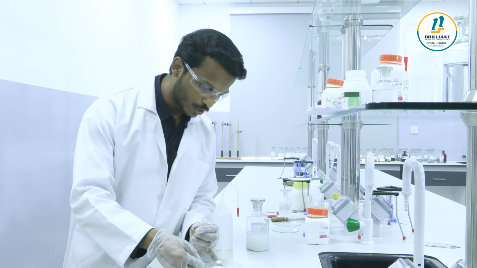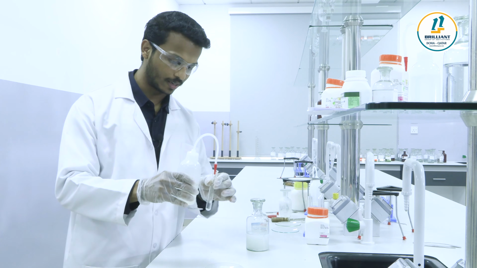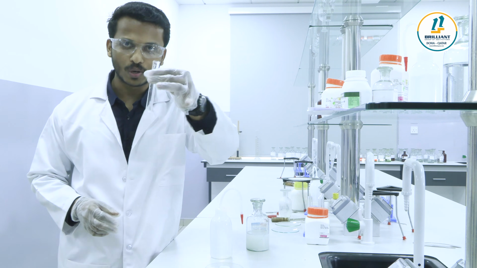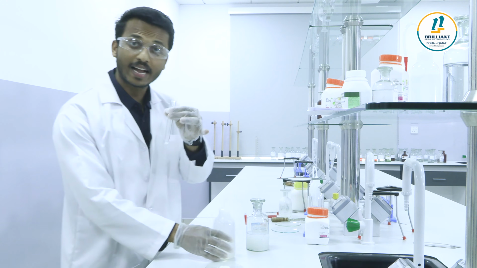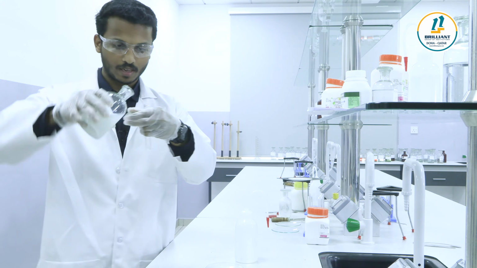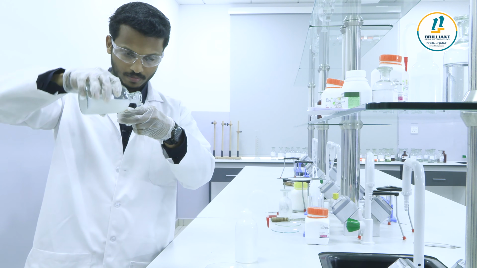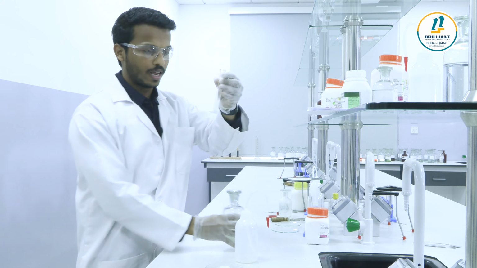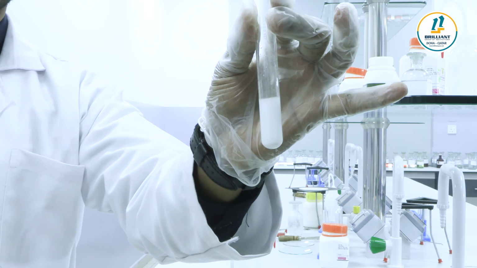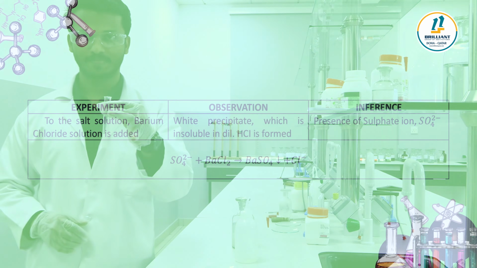To a little of salt solution, made by taking a pinch of salt and adding a little water, add lead acetate solution. Yes, we can see a white precipitate form, which indicates the presence of sulfate as anion.